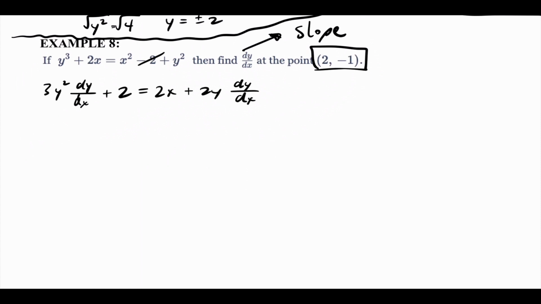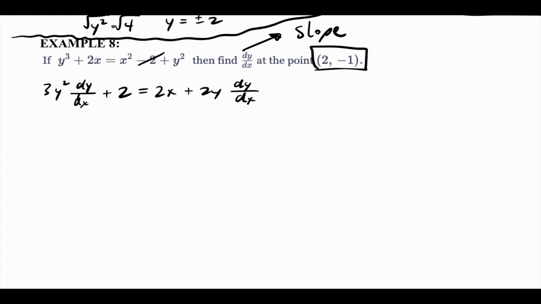Here's where these problems are a lot nicer than the other problems we've done, right? What's our next step? After we find this, what's our next step? Normally we'd get dy dx by itself, and then afterwards we'd plug in, right? Here's the nice thing when you're plugging in. You don't have to isolate right now.